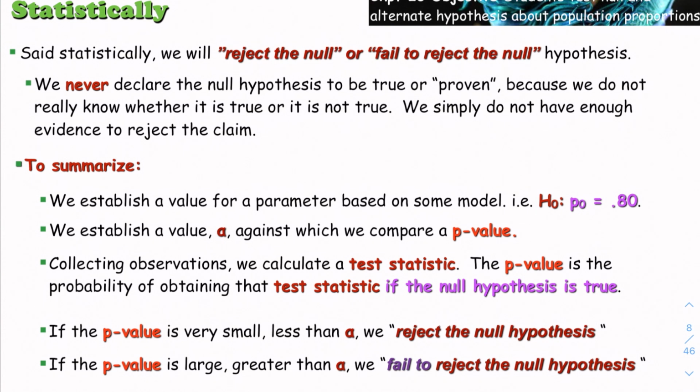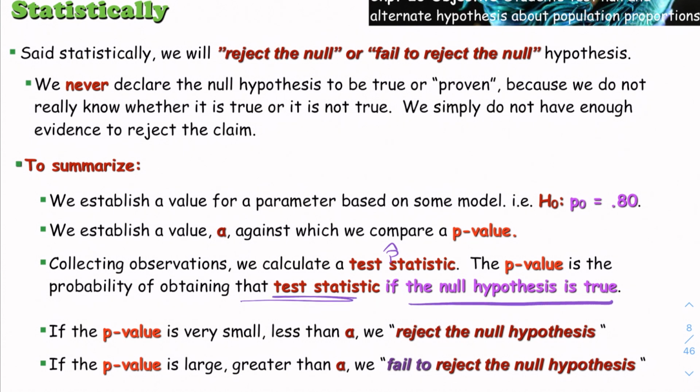So calculating observations, we calculate a test statistic. This test statistic will be our sample proportion. And then we're comparing that sample proportion to how likely would we be able to get this? How far away from our assumed null are we? The p-value is the probability of obtaining the test statistic if the null hypothesis was true.